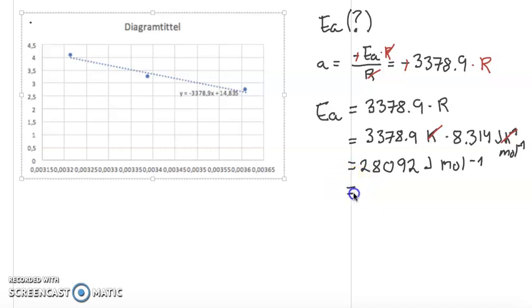We can convert this into kilojoules. So we go 1, 2, 3, kilo means 1000. So 28.1 kilojoule mole minus 1. And that is the activation energy for this reaction.